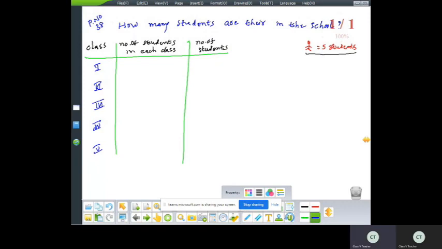In class 1, only 2 figures. In class 2, 5 figures. In class 3, 4 figures.